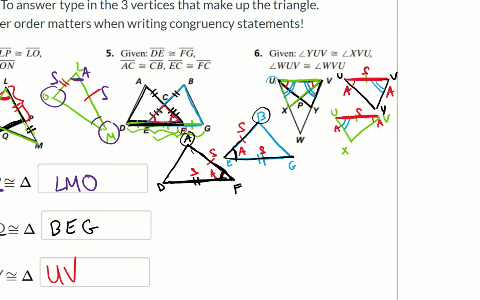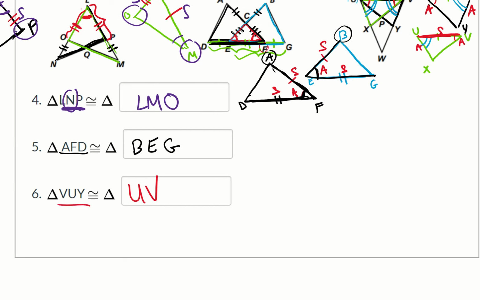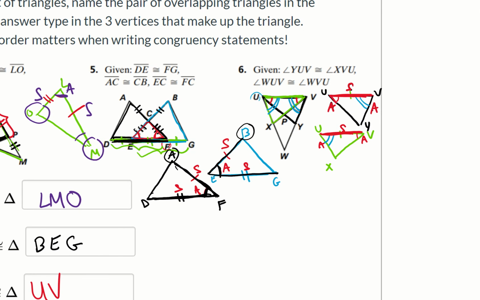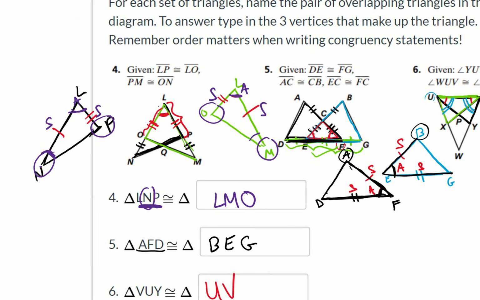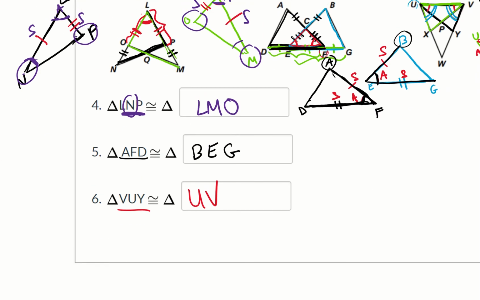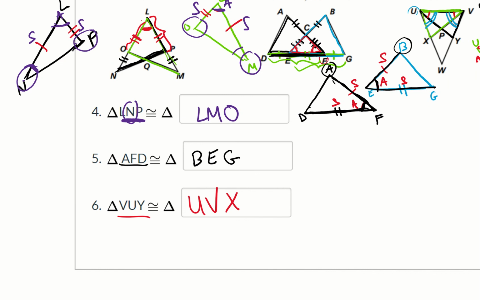And then the question says VUY, right? So that means we're headed from the single angle down. So that means single angle down. So it's UVX. So you just got to make sure that you do the right order based off of the order they say on the left side.